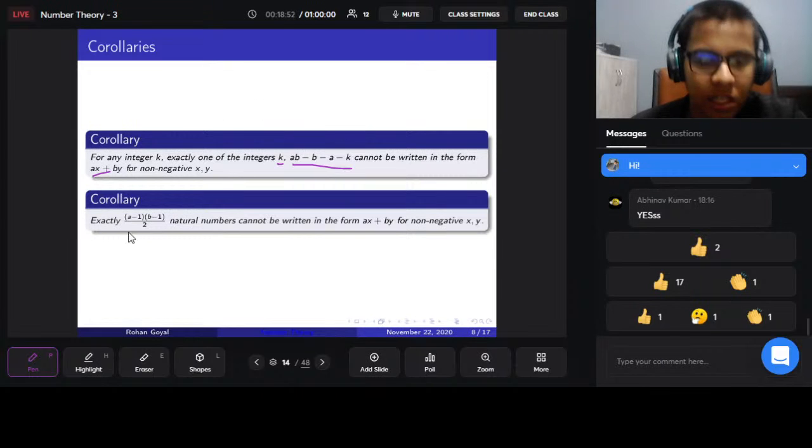Using that, we can show that exactly (a minus 1)(b minus 1) over 2 natural numbers can be written in this form for non-negative x, y. These both have very nice results that you should definitely try proving.